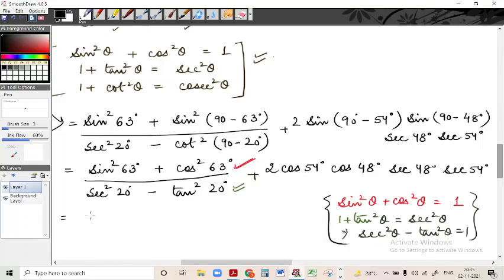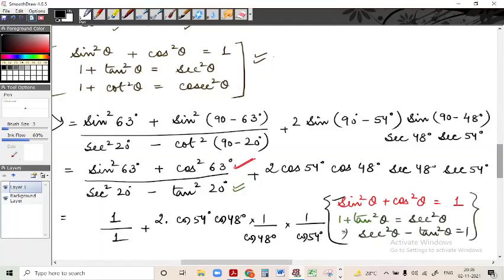So this part will be equal to 1 because of this. This part is also equal to 1, plus twice of cos 54 will remain as it is, cos 48 will also remain as it is, sec 48 I can write as 1 by cos of 48, sec 54 I can write as 1 by cos of 54.